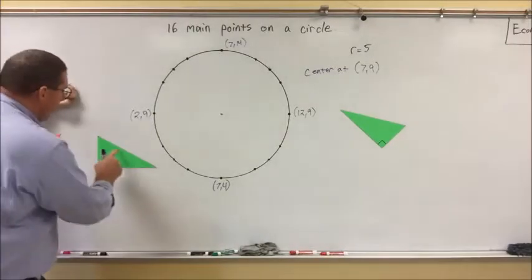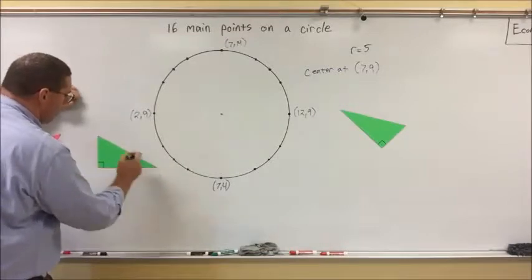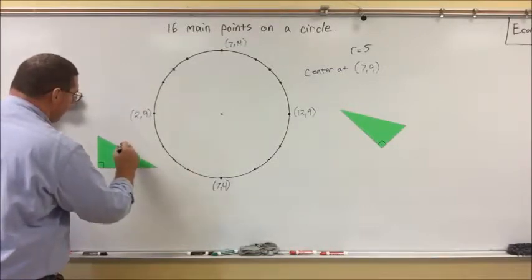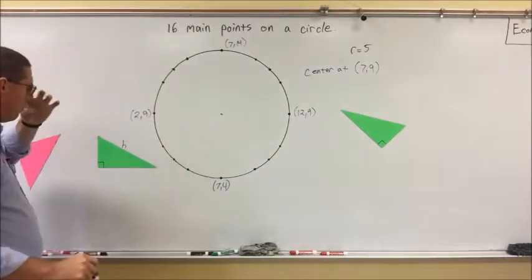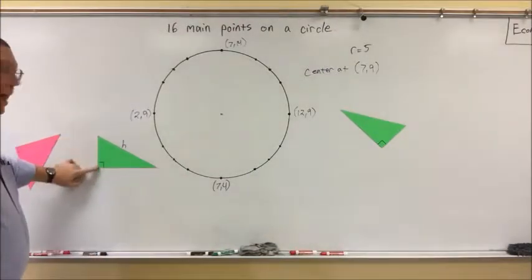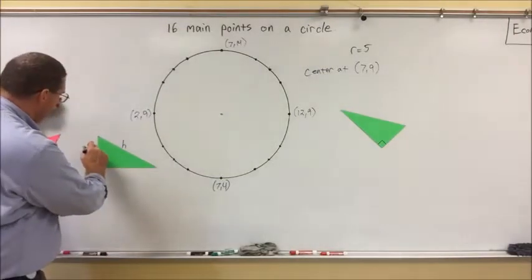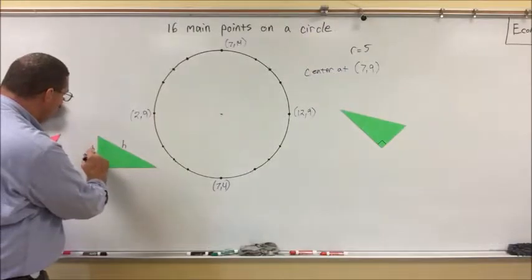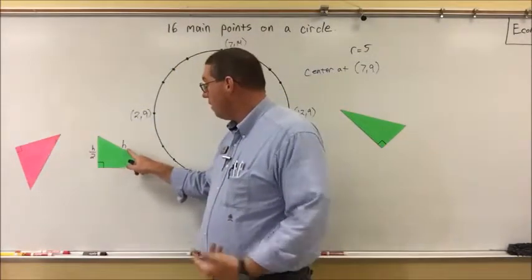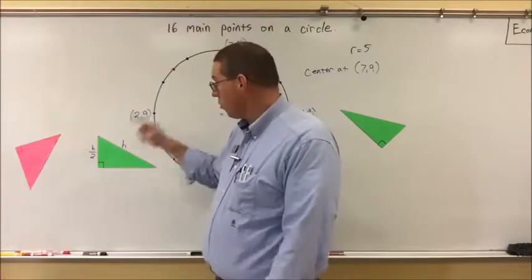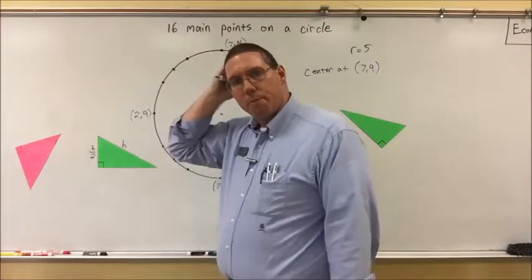We know that if the hypotenuse of a 30, 60, 90 right triangle is equal to, let's say, h, then the short leg is going to be h over 2. It's 1/2 of h. So if h was 5, like in this case where the radius of the circle is 5, then the short leg would be 5 over 2.